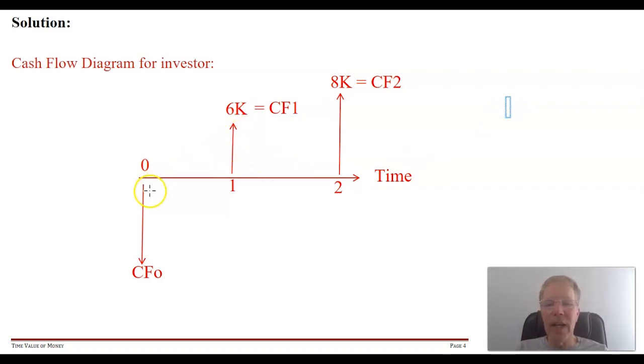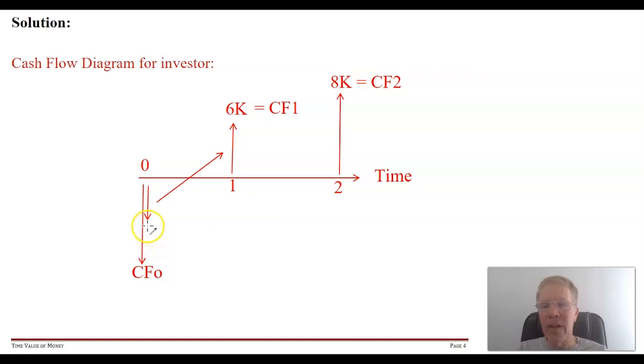Really, what we've got at CF0 is a chunk, or a tranche, of CF0 that is going to grow at the interest rate of the project into that 6K that we're going to get out after a year.